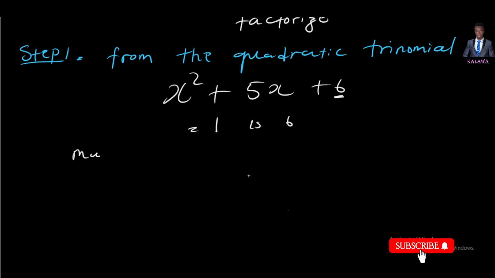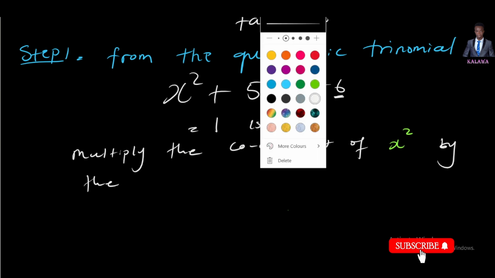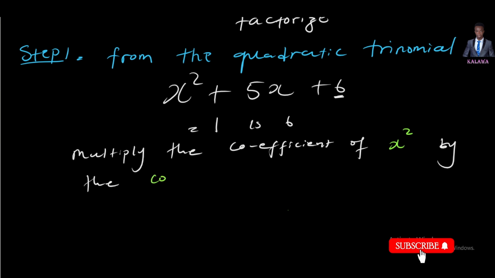We are going to multiply the coefficient of x squared by the constant, which is 6.